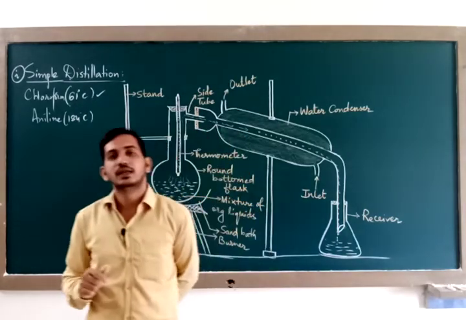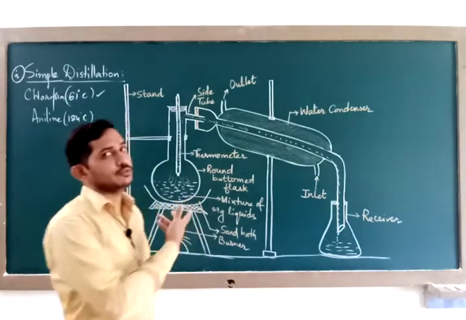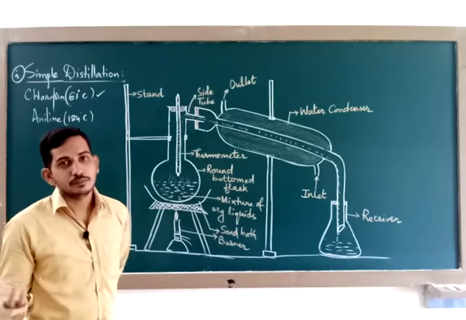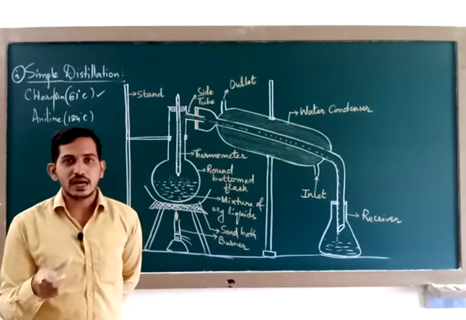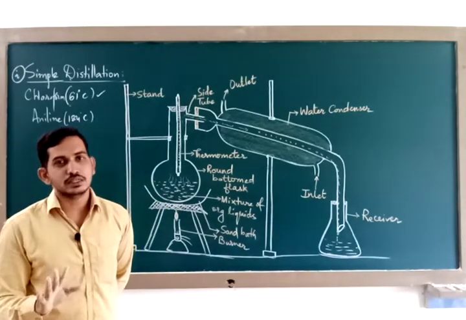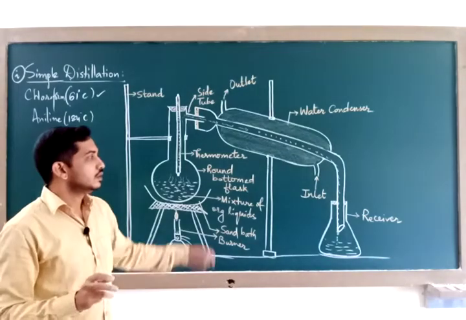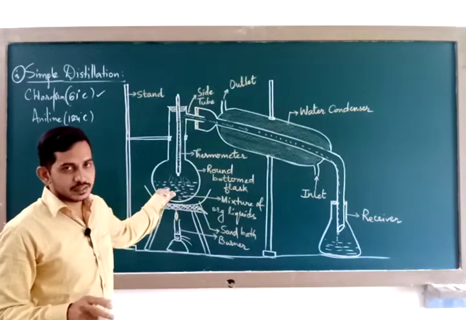This is the principle. One example, you take the example of chloroform and aniline. If these two liquids are there, then because their boiling point difference is very large, they can be separated by simple distillation. How is the procedure done? You see the experimental setup in the figure.